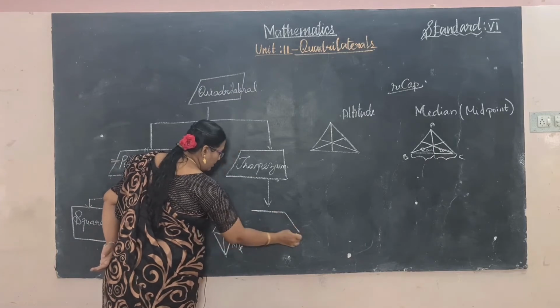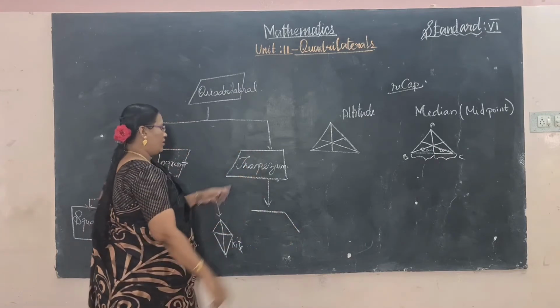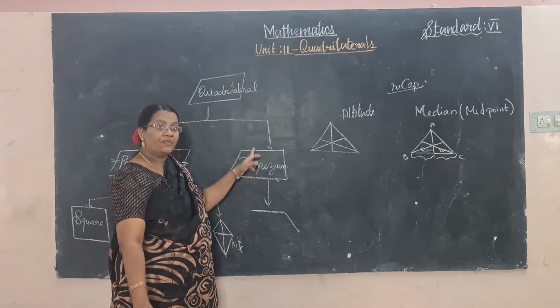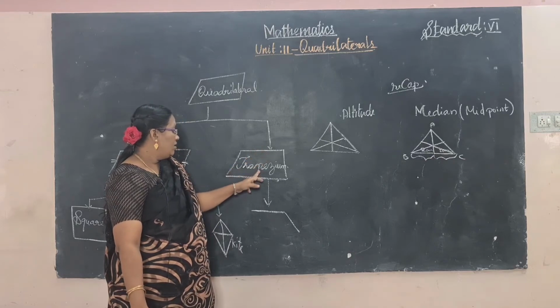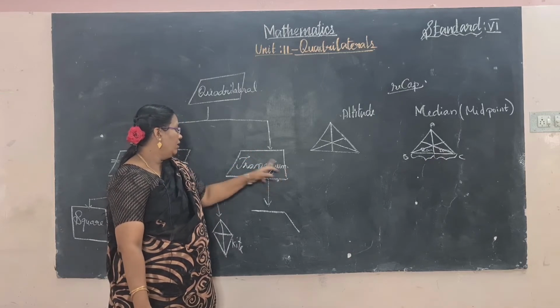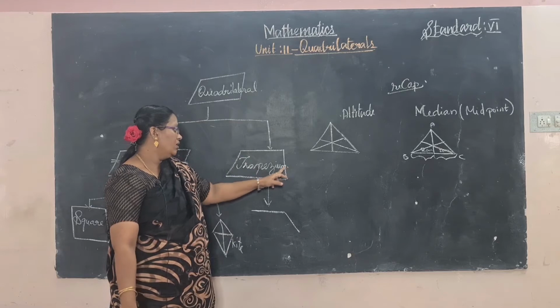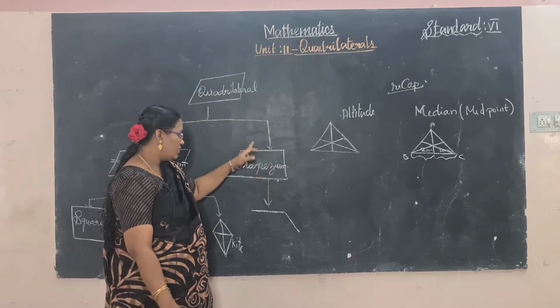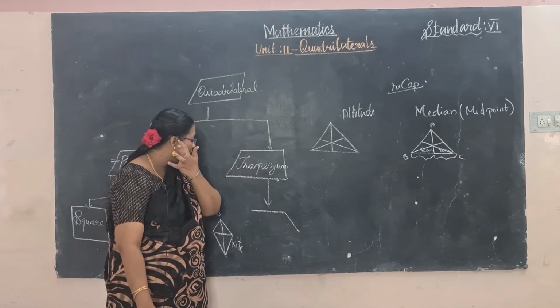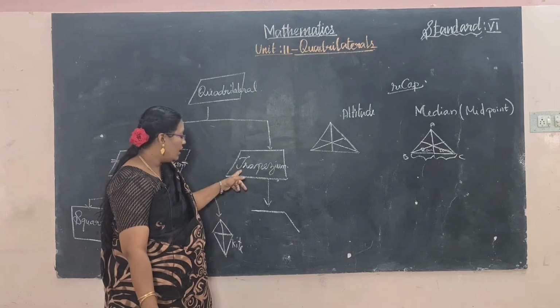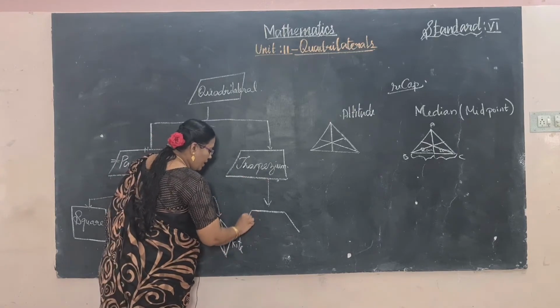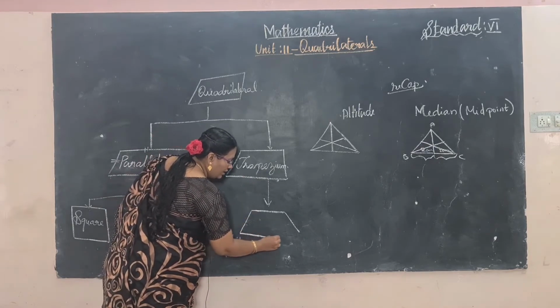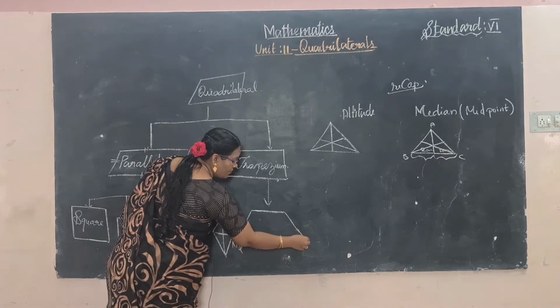It also has one more type, the isosceles trapezium. In a trapezium, opposite sides are parallel and the non-parallel sides are there. If the non-parallel sides are equal, then it is called the isosceles trapezium.